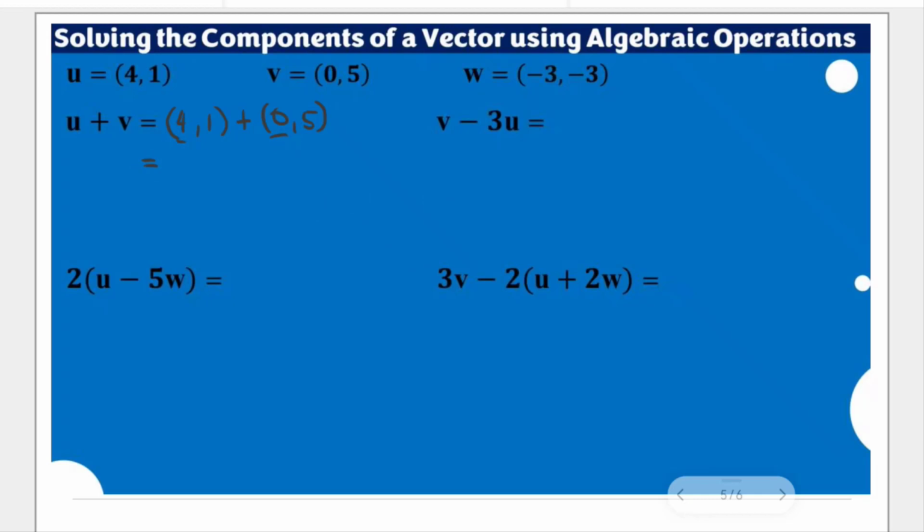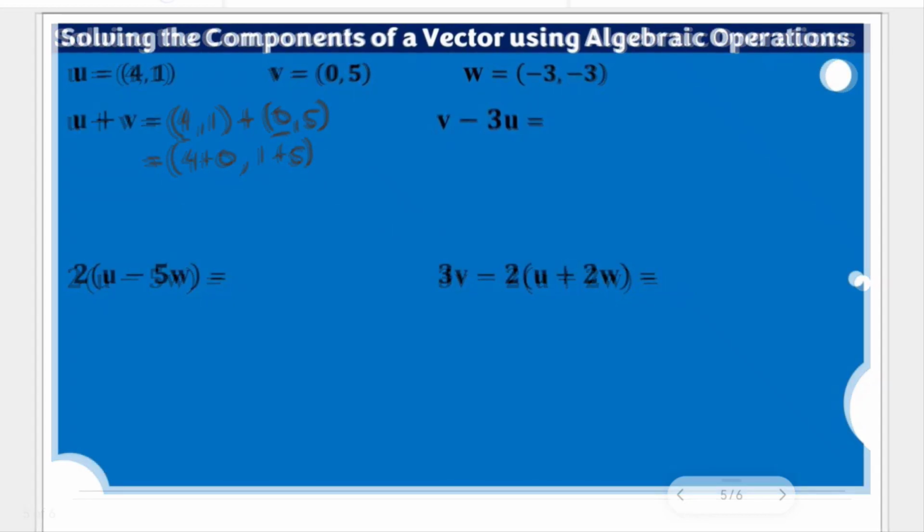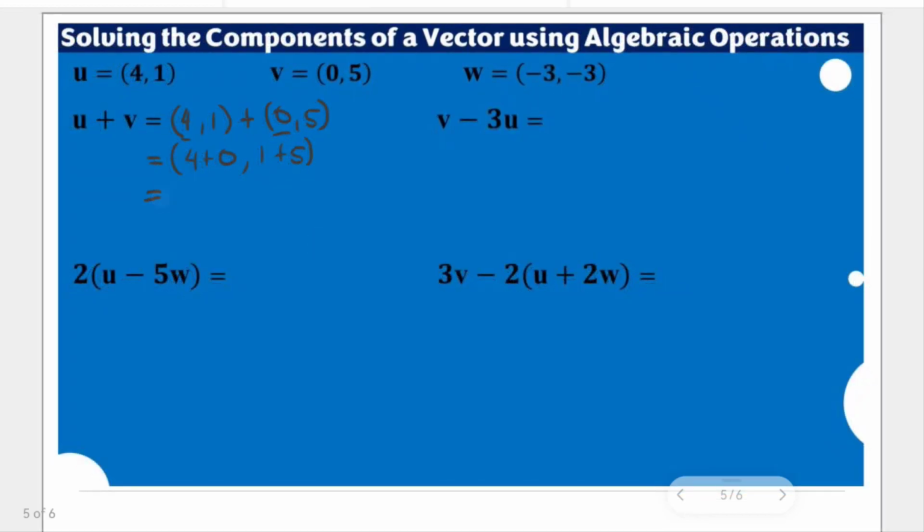So you will have 4 plus 0, then 1 plus 5. In short, the result would have the components 4 and 1 plus 5, which is 6. This is for u plus v.